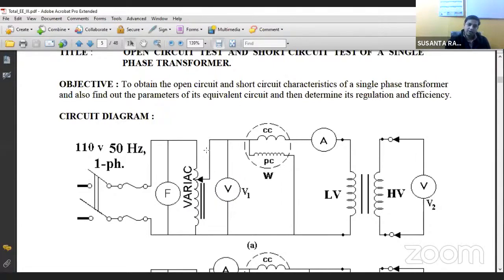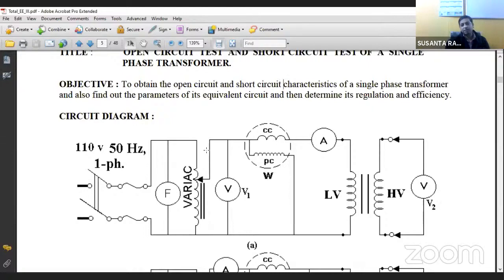Now the core loss depends on the input voltage. If we change the input voltage, then the core loss will vary. Therefore, in this experiment, if you see, we have kept a variac, to show the change in core loss with voltage. If you go through the steps, you have to change the voltage gradually from 0 to 120% of the rated voltage. Suppose the rated voltage is 110.